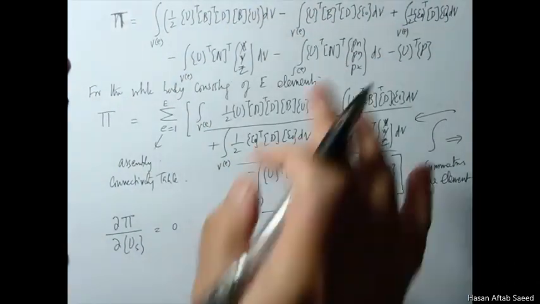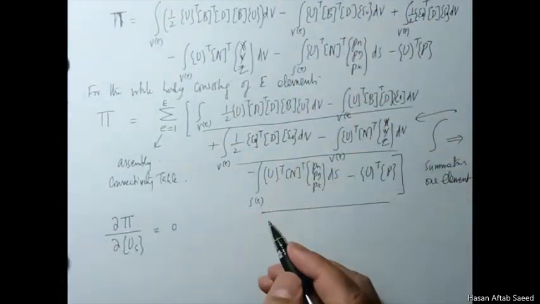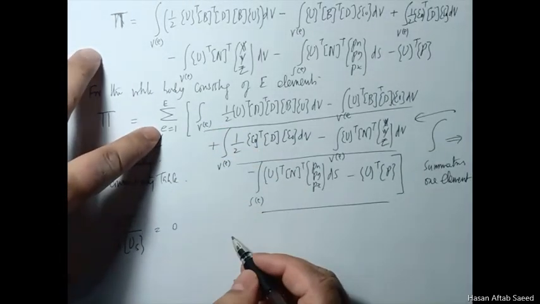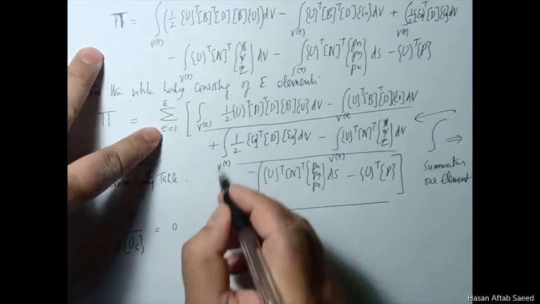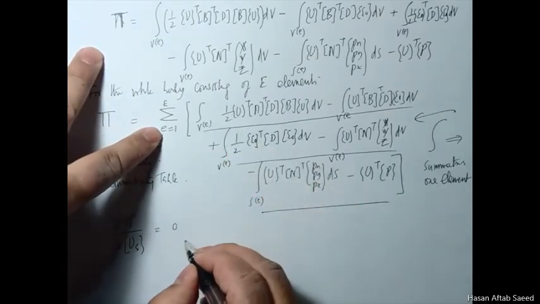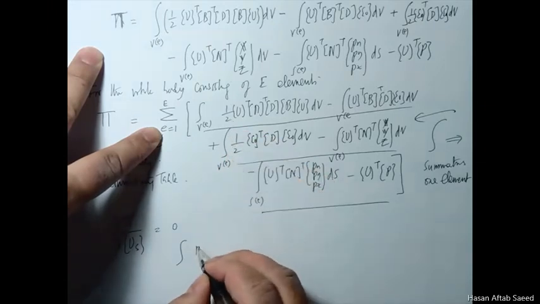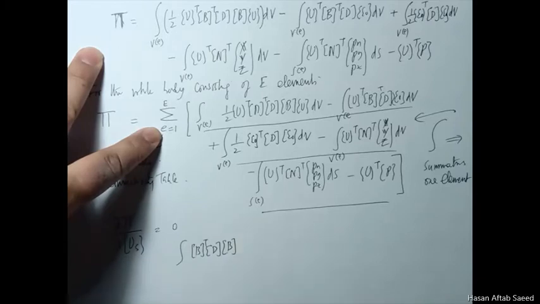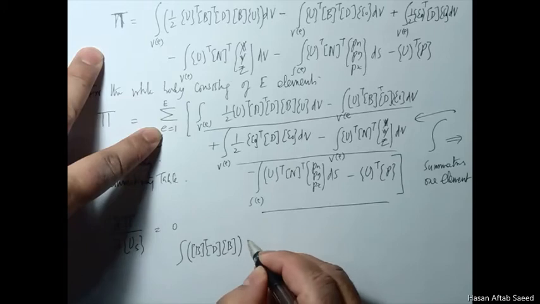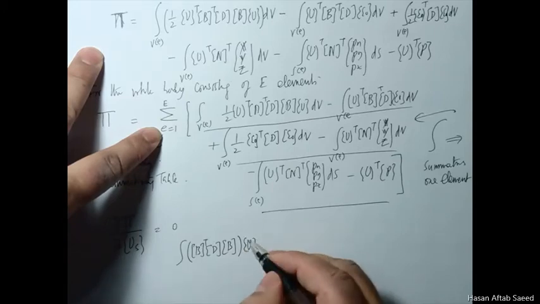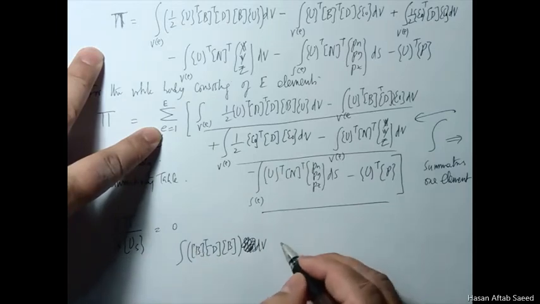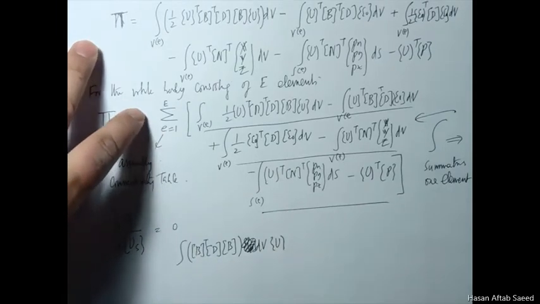So what we get as a result of the differentiation, I think it's easy to see, is that the 2 gets cancelled, B transpose D B, sorry, dV and u.